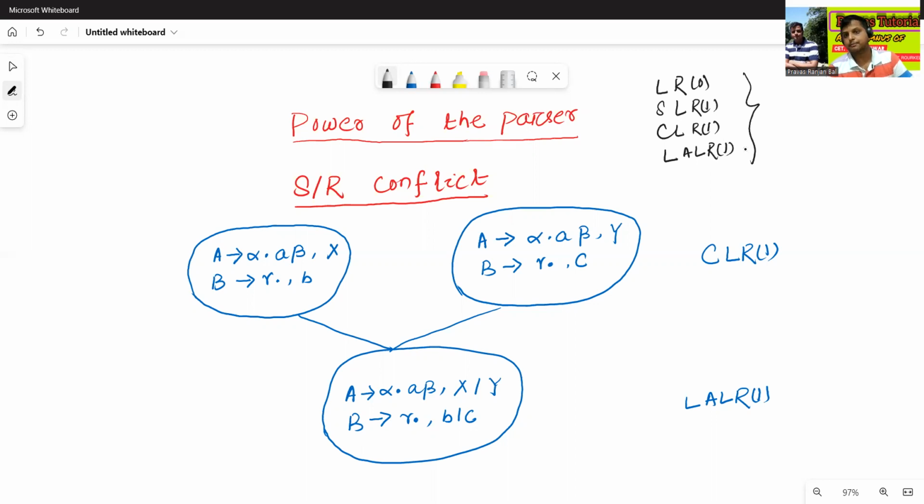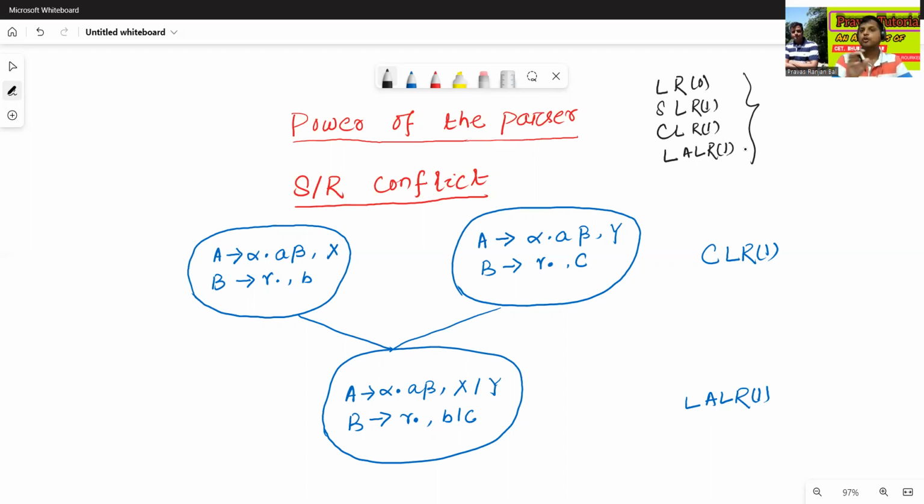These parsers come under bottom-up parsers. We have already discussed in great detail the LR0 parser, SLR1 parser, CLR1 parser, and LALR1 parser.